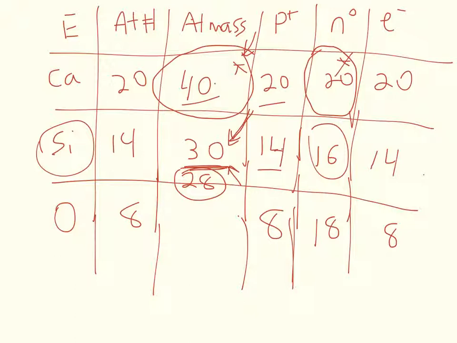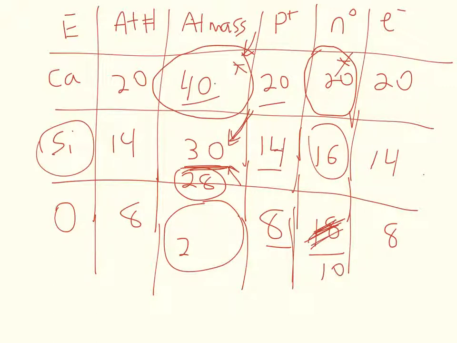And now we have to figure out the atomic mass. Now remember, the atomic mass is the number of protons plus neutrons. So if I take 8 plus 18, I'm going to get an atomic mass of 20. Is that right? Oh, I shouldn't have given you 18 there. I apologize. I should have given you 10 there. My bad.